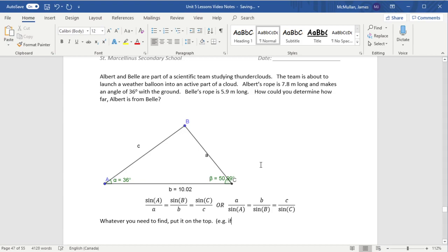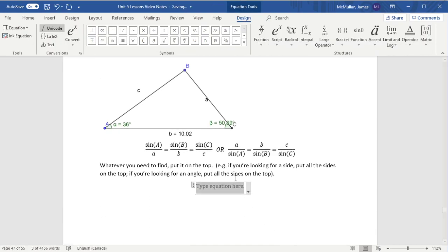For example, if you're looking for a side, put all the sides on the top. If you're looking for an angle, put all the sines on the top. Anyway, to do this you pull apart any two of these. You don't use all three, you just use two, where you know three pieces of information.